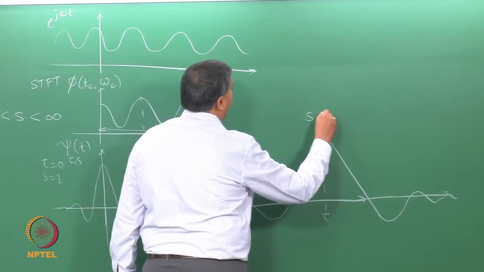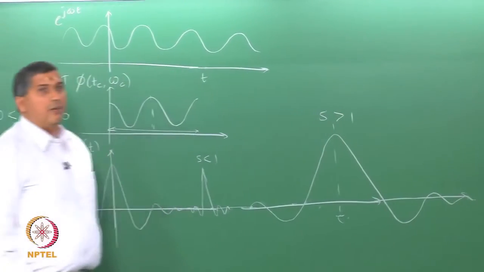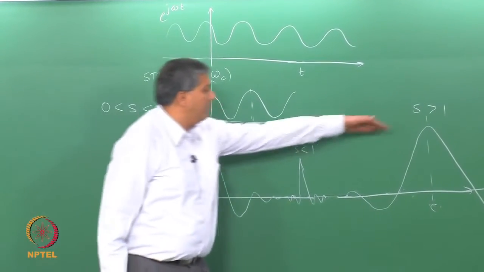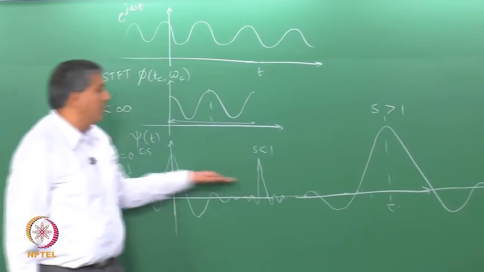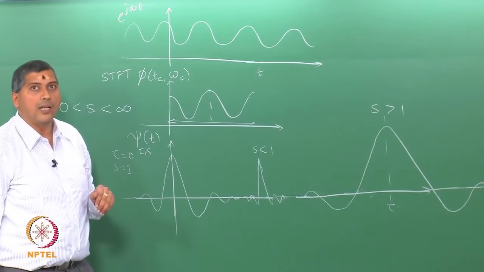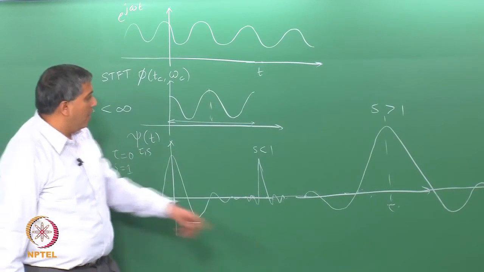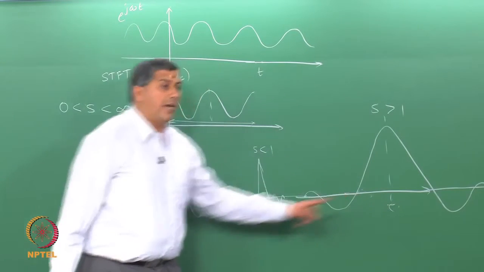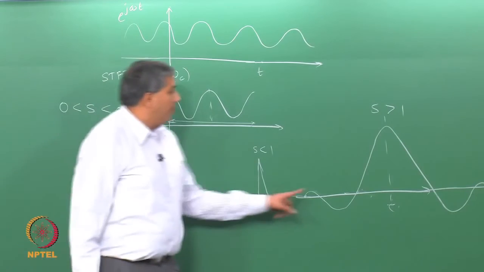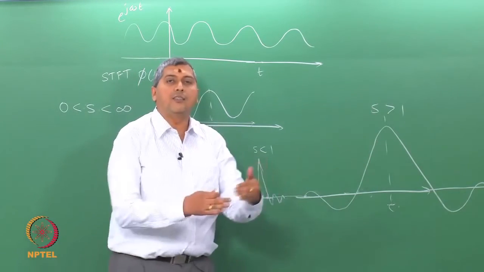So, this is for a value of s greater than 1. Of course, as I said, it is all qualitative. Ideally, you should scale in such a way that all of them have the same energy, and that is why you have a 1 over root s that you saw earlier in the definition of wavelet. This is much wider than the mother wave itself, and that means this is also changing slowly.